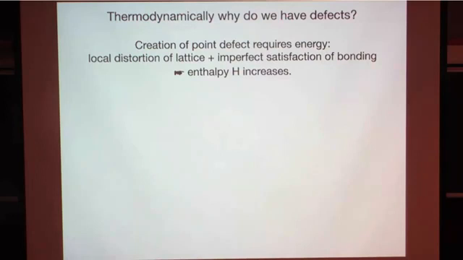Why do we have defects? So if you want to take the perfect crystal, take one atom out, right? You pay the penalty. You have lattice distortion. Obviously, the perfect crystal is not perfect anymore, right? Your bonds are disrupted. So imperfect satisfaction of bonding. So this enthalpy, right, the energy of the crystal increases because you make that defect.